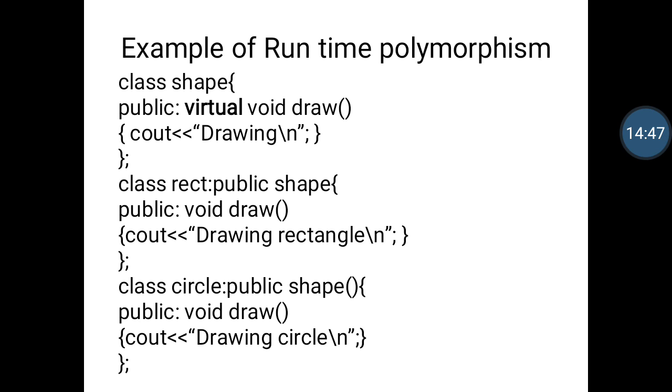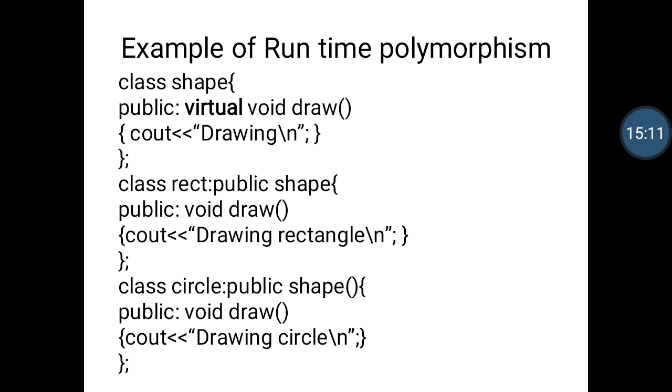So just for example purposes, I have used one class which deals with different shapes. The parent class is the shape class, in which I am using virtual void draw. Virtual is the keyword which allows us to declare the virtual function, which will be accessible by all other functions.